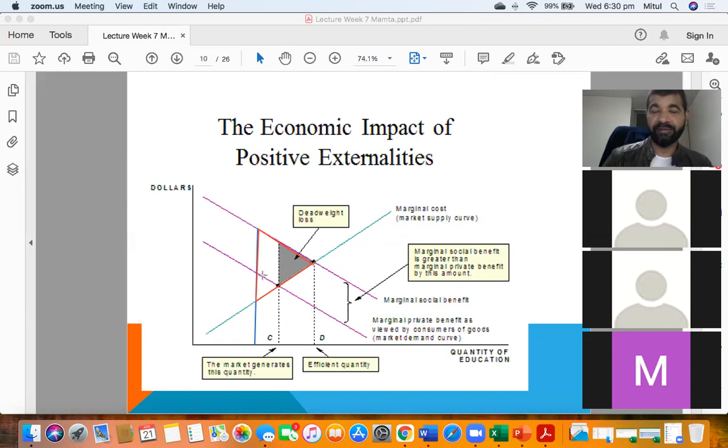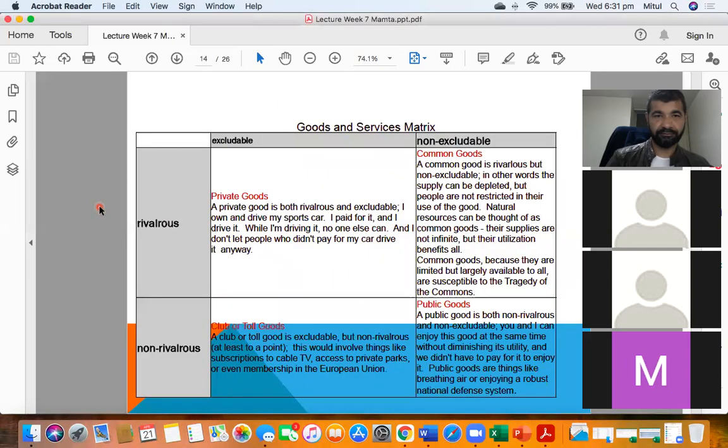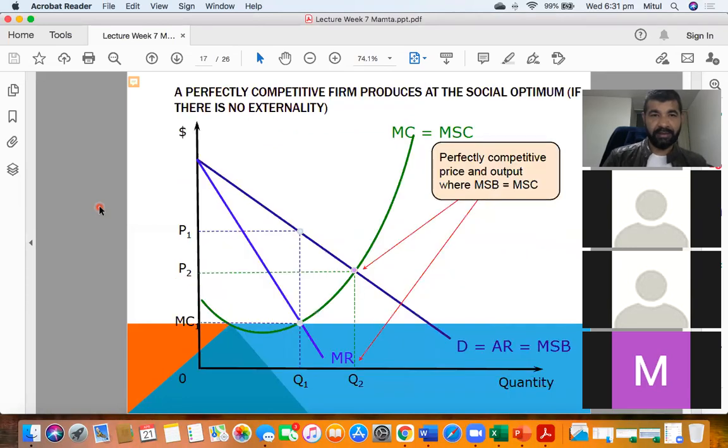The monopoly market produces less and sells at a higher price. All right, let's move to the next point. That's what they try to show you here, the monopoly market.